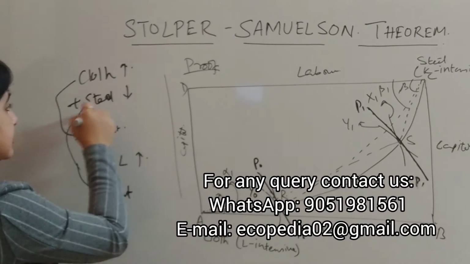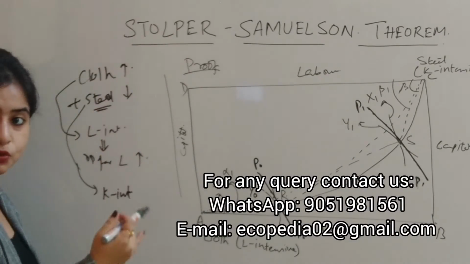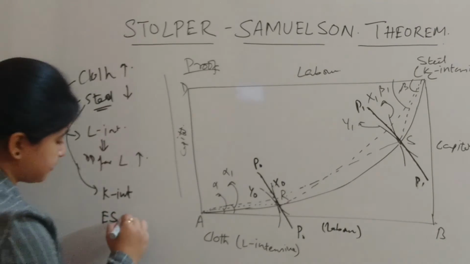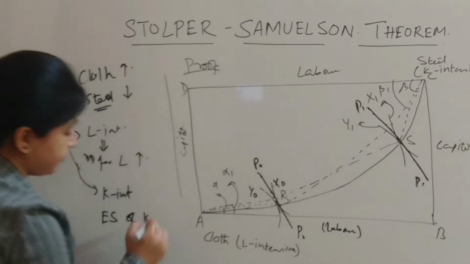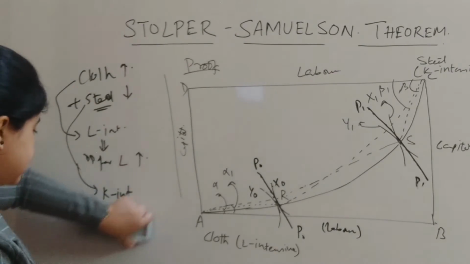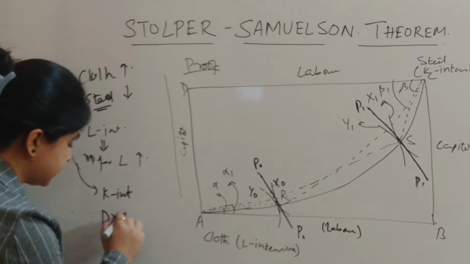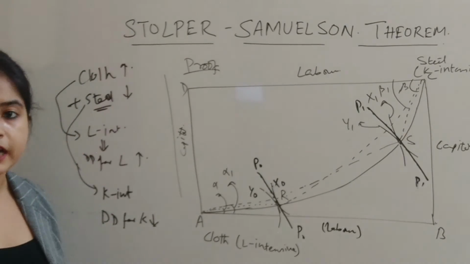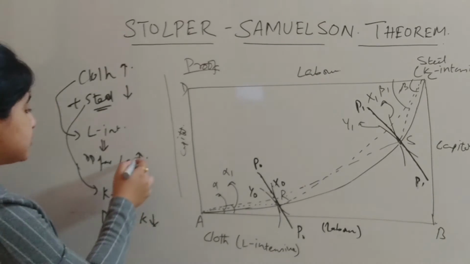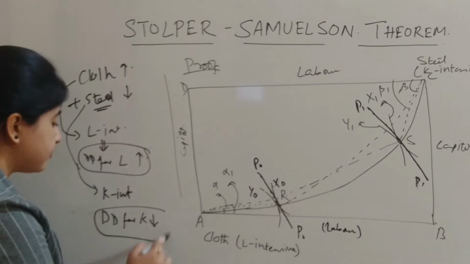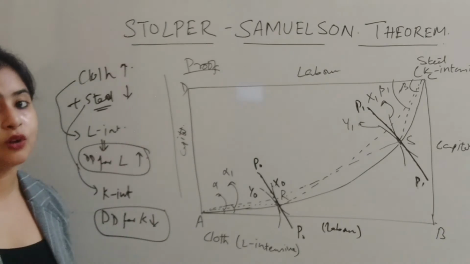As steel production is reducing, the demand for capital is reducing, right? So there will be absorption of more labor and releasing of more capital into the economy.